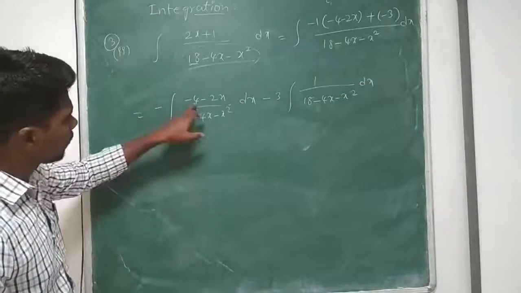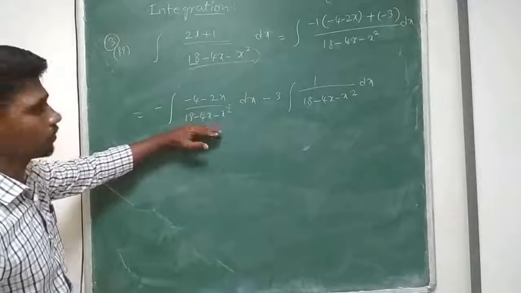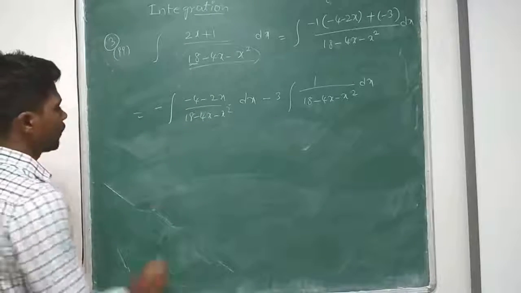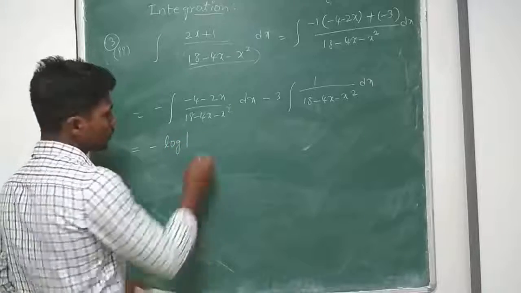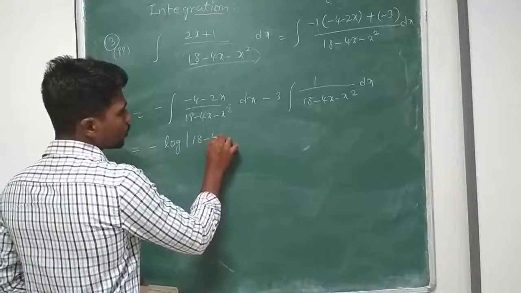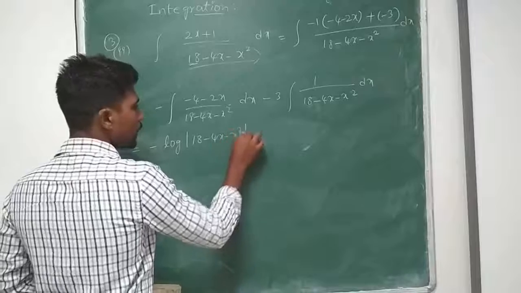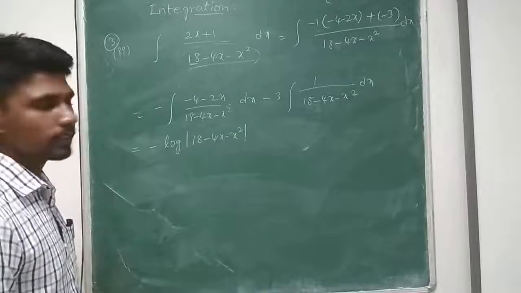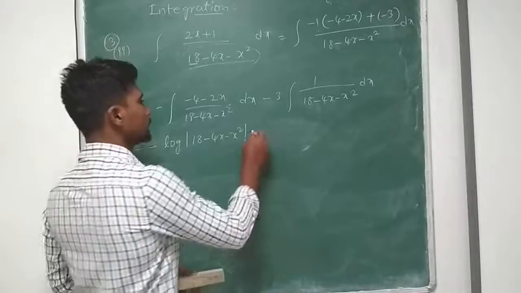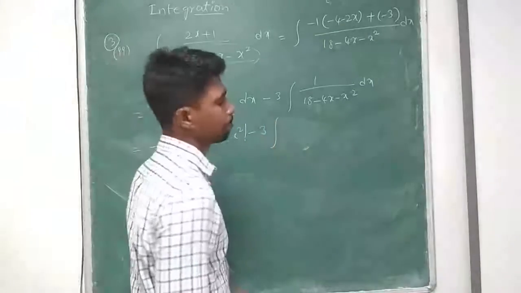Now it is in the form f dash of x by f of x. The answer is log mod f of x. So minus log modulus of f of x, which is nothing but 18 minus 4x minus x square, minus 3 into the next integral.